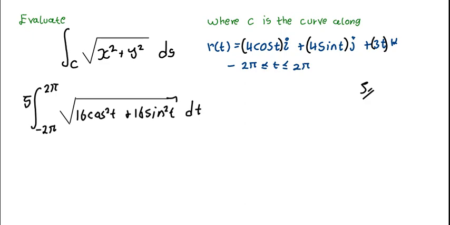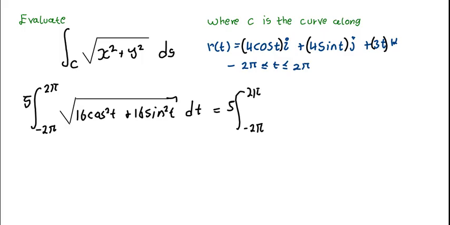But before that, remember I was supposed to multiply by the square root of x prime of t squared and so on. I've already worked that out, which is this one here outside. That's why I like working out that first part, so that I save some space and time. So this would be from minus 2 pi to 2 pi.